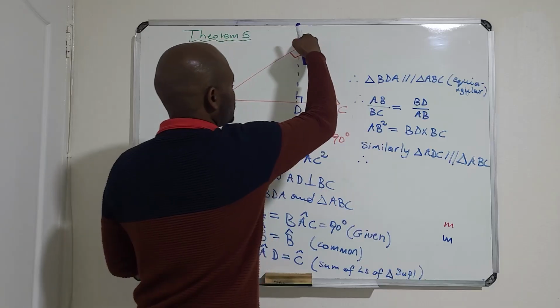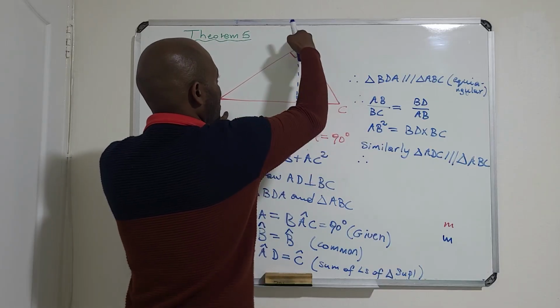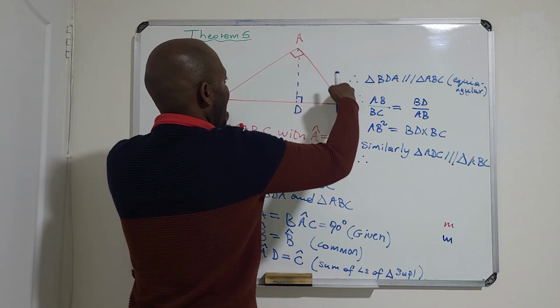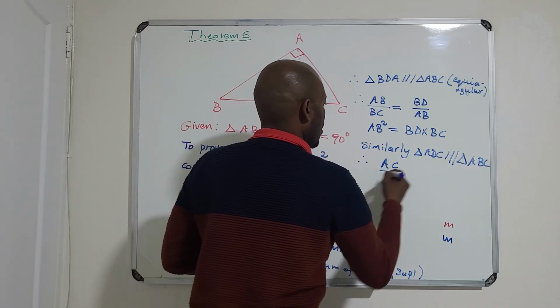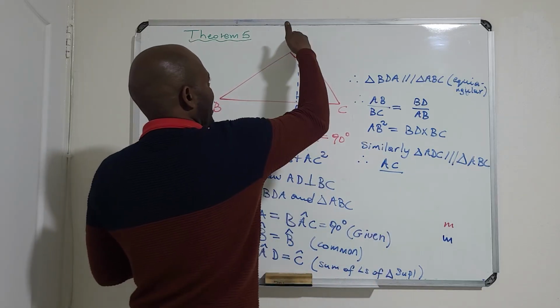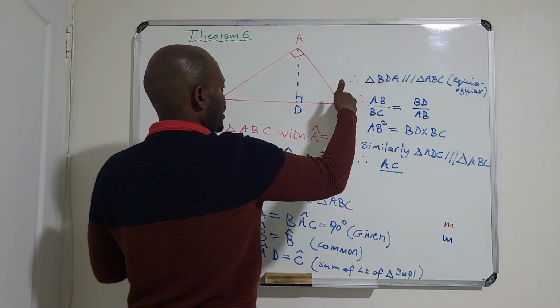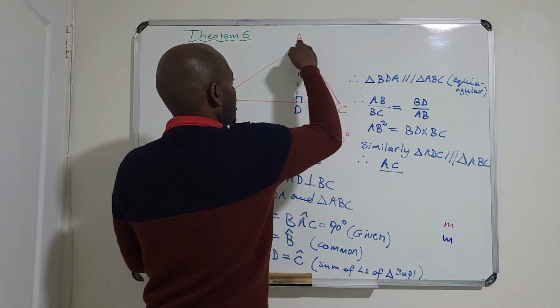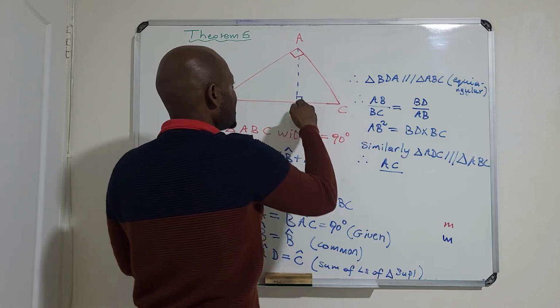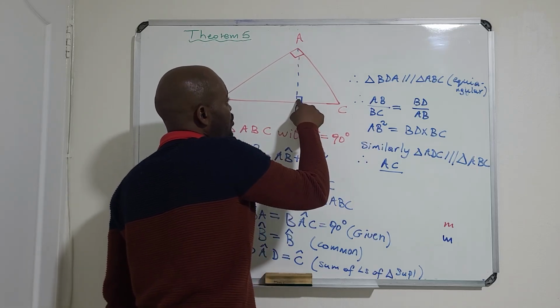we can see that we can get this side, which is AC, over AC for this triangle, since it is opposite 90 degrees.